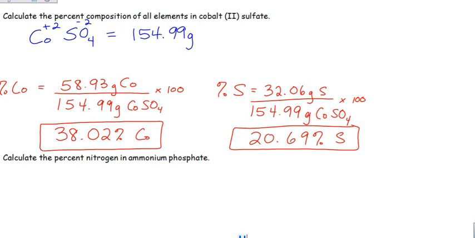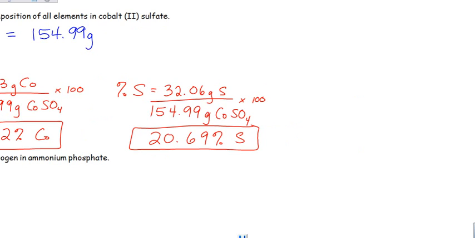Now you have a few options for the oxygen. You could do the percent composition very similar. My oxygen would be 4 times 16 for 64.00 grams oxygen.